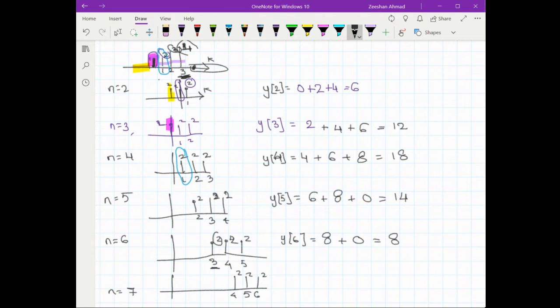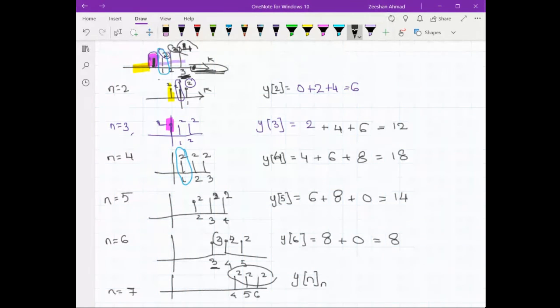Obviously the samples here from 4, 5, or 6 are 0. So 0 multiplied by all these samples will give you 0 here. So y of n such that n is greater than or equal to 7 will always end up giving me 0 here.